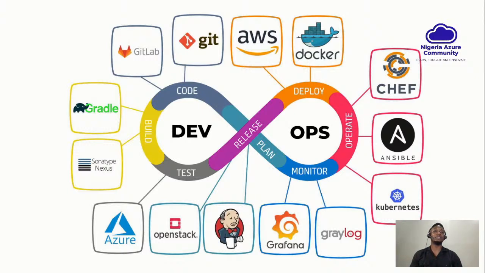And DevOps as a concept, as a practice, it's all about automation. It's all about automating the delivery of software to end users in real time. It's all about automating that process from writing the codes to the end where users can access the application.